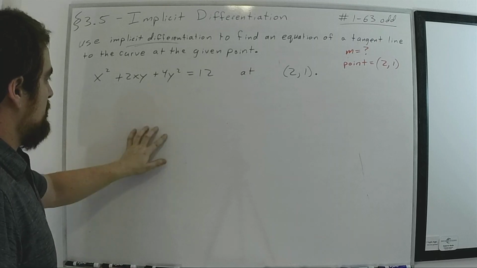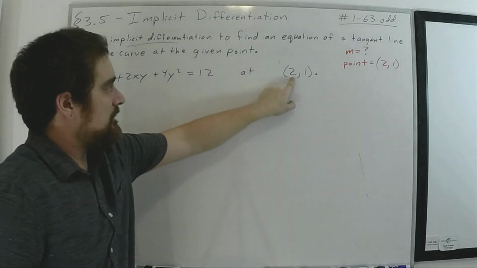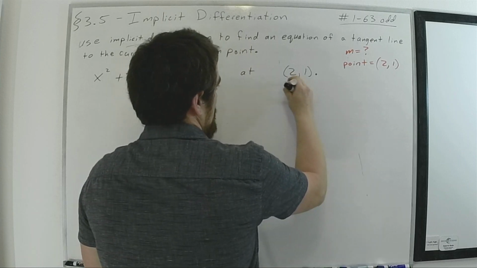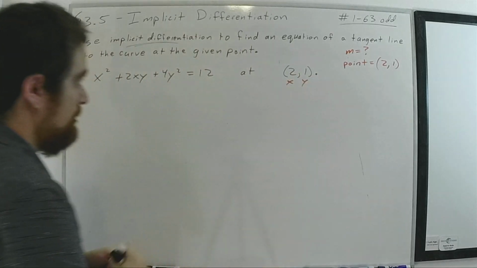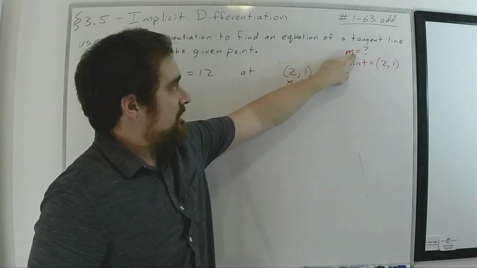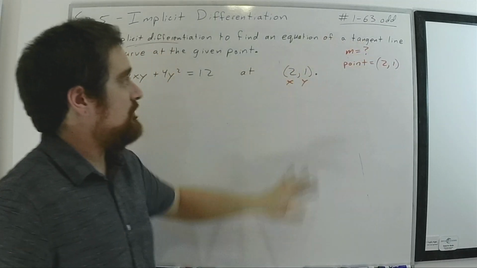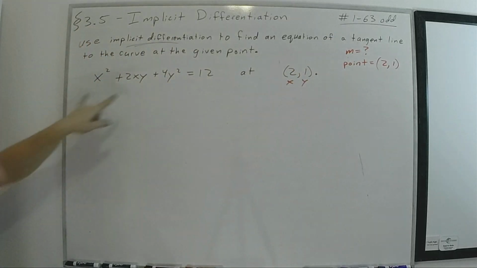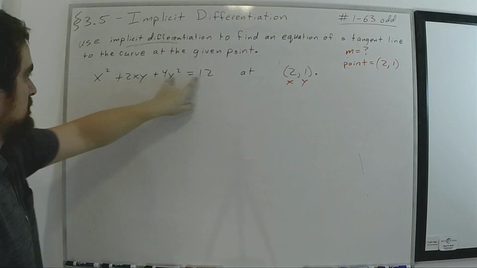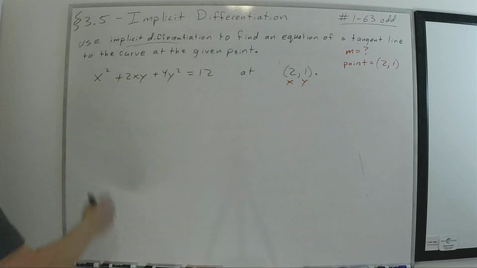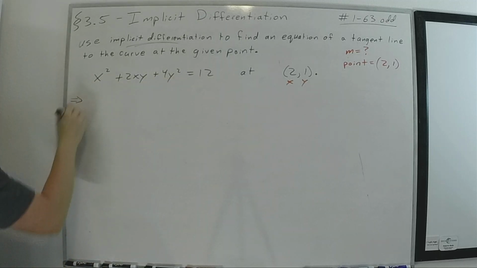Well, I need to find the derivative and then plug in this x value and this y value. Right, you need the derivative to get that slope of the tangent line. To get that rate of change at that point, you need the derivative. The only way to go about differentiating this, since you don't know what y is in terms of x explicitly, is by using implicit differentiation.